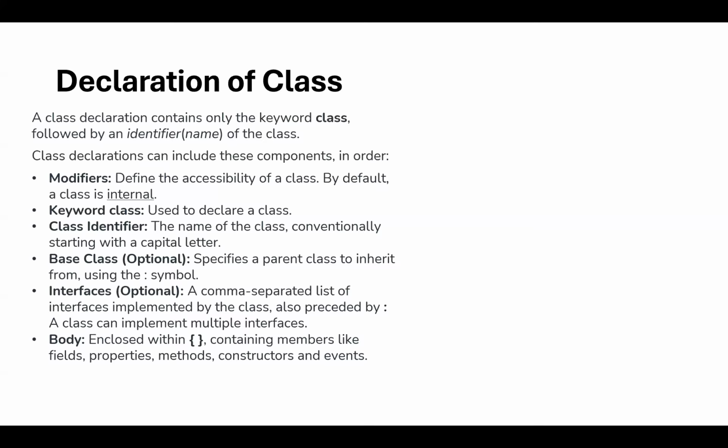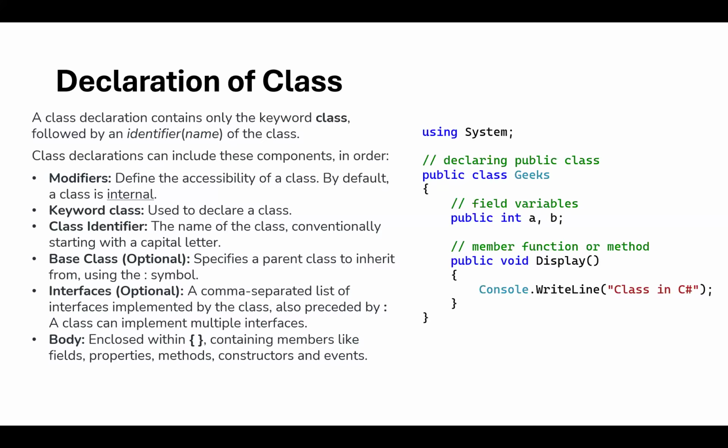We will speak about that next time. And of course, the main part of our class is the body of the class with curly braces. Body contains members, fields, properties, all internal parts of your class. In real life, it can look like this.